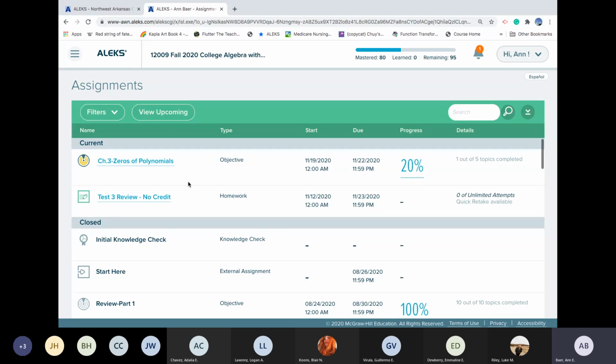And then any of these ones that I need to change, say you got 100% here, you want to make sure you're sending me a screenshot of it. I cannot see your assignments view in my ALEKS course. And that's where ALEKS is changing the objectives when students go back and work on them. It should be in the gradebook, but they're not doing it that way. They're doing it in assignments.